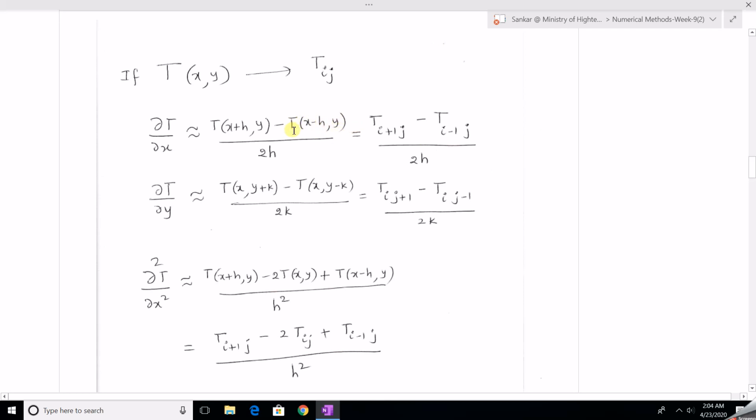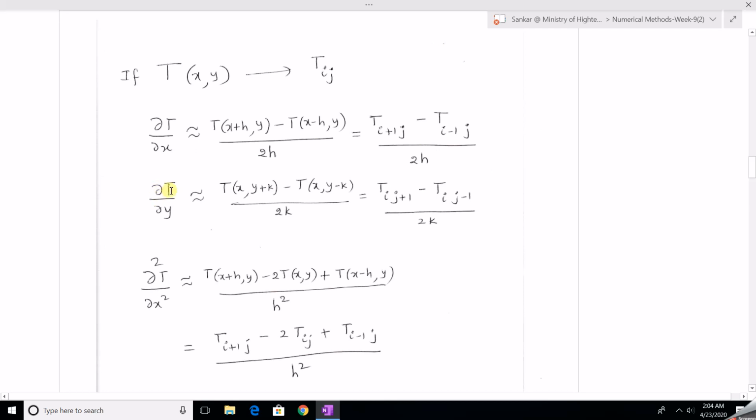That means the T value at the previous point, x minus h, y, is now denoted by T of i minus 1, j. Let me repeat: T of x,y we denoted by T of i,j. Therefore, T of x plus h, y is T of i plus 1, j, and T of x minus h, y will be T of i minus 1, j.